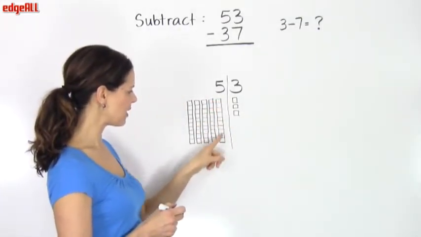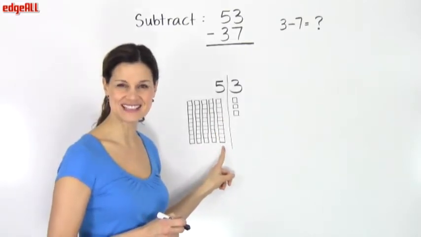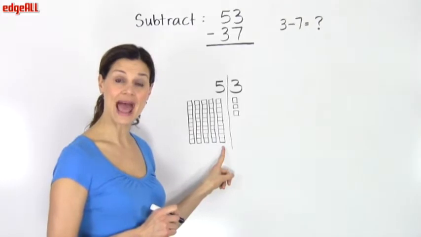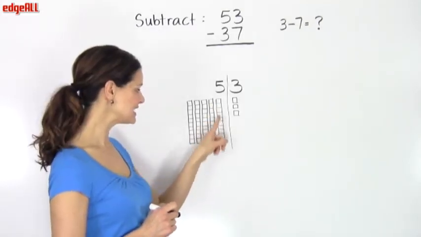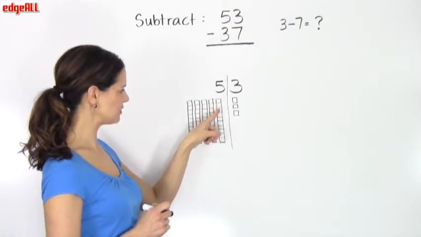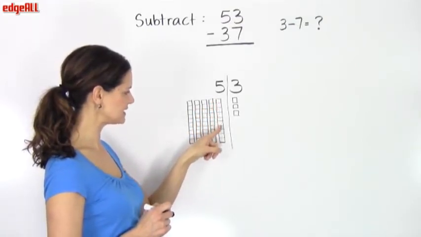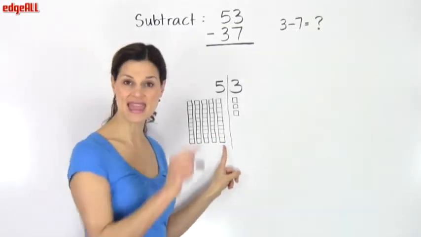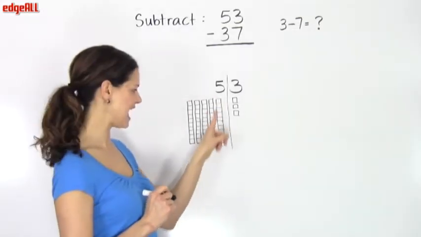Each of these bars that I have here are a little difficult to see because I've drawn them real small, but what I have in each of these bars is 10 little squares. So 1, 2, 3, 4, 5, 6, 7, 8, 9, 10 little squares make up a bar of 10.